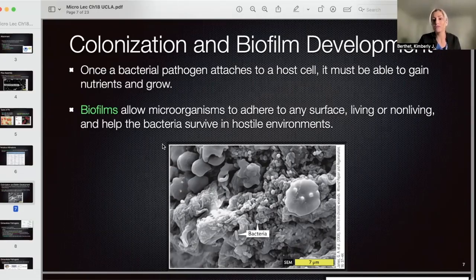And it's a communal living scenario. This can protect them from things like antibiotics or any kind of disinfectants that we add. So it doesn't necessarily penetrate through a biofilm. So this is a protection mechanism against not only the host immune system, but any kind of detergents or any kind of chemicals that we use to kill microorganisms.